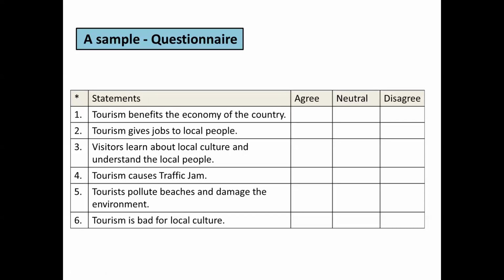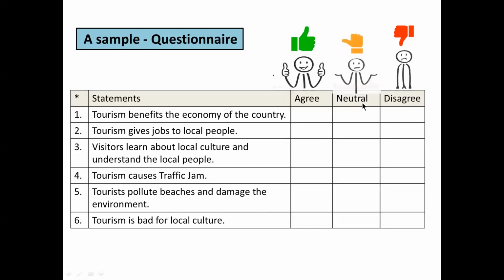And you're going to give 3 options in your questionnaire for your statements. Agree. If people agree with your statement, they say yes. Disagree. They say, no, I don't agree with you. So disagree is the second option. And there's a third one here, right in the middle, neutral.